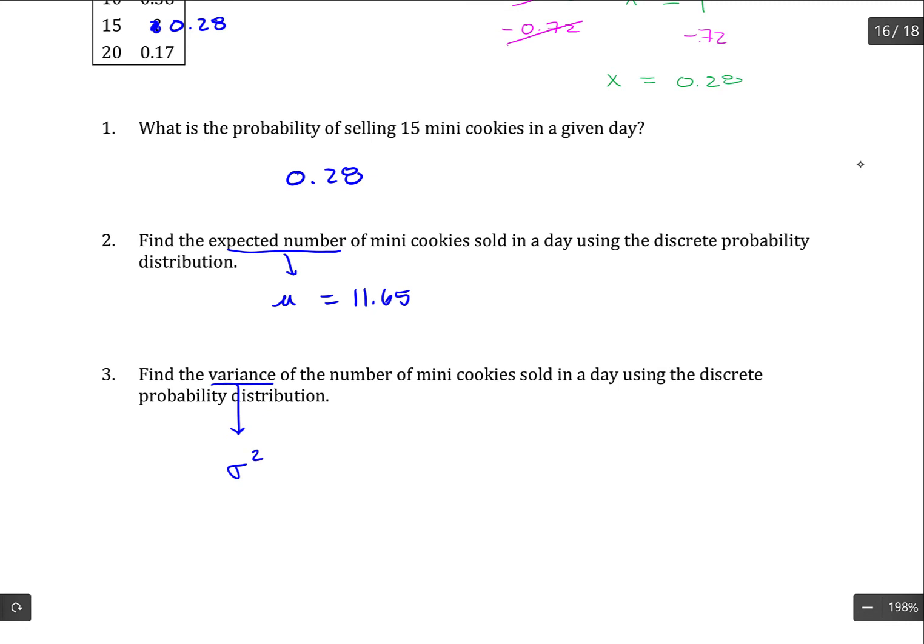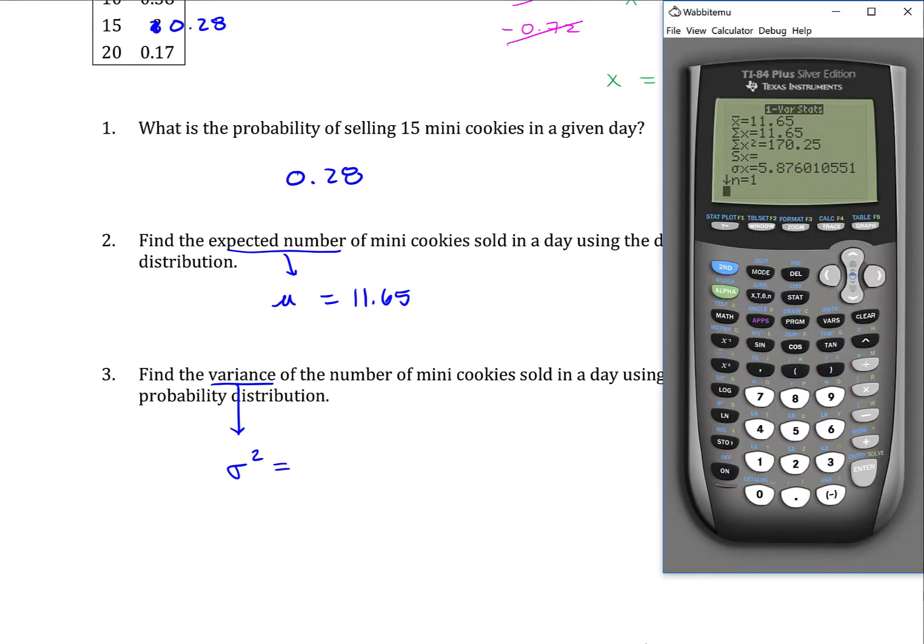But that's not the variance. The variance is that number squared. One thing we can do is take the value listed and just type in 5.876 and square it. But the more decimal places that we have in this calculation, the more accurate an answer we're going to get.